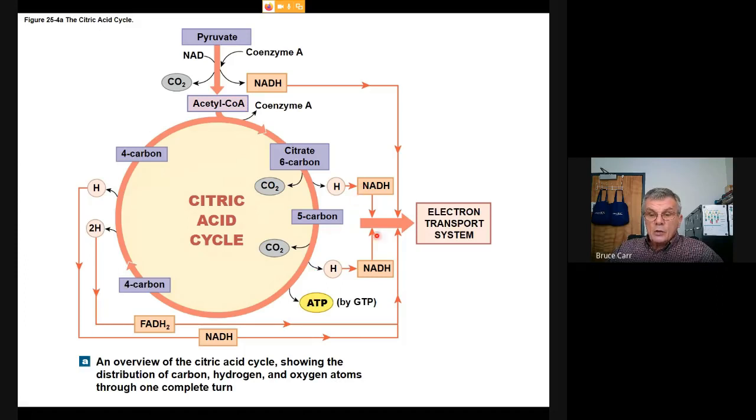You get 3 times 2, or 6 NADHs, and you get 2 FADH2. So the point I'm trying to make here is 1 glucose makes 2 pyruvates and 2 acetyl-CoA. So you're going to produce 6 CO2s, and you're going to run this cycle around 2 turns. We'll look at that total balance in just a moment.